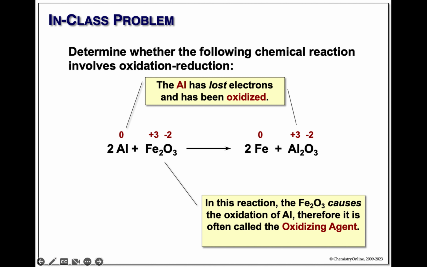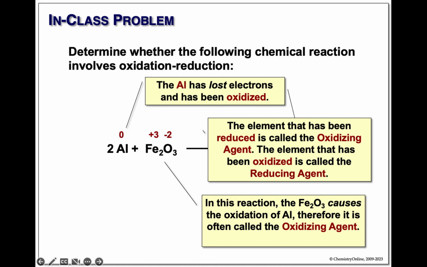The iron(III) oxide causes the oxidation. Therefore, because it causes it, it's called the oxidizing agent. The reducing agent is the thing that does the reducing. Again, I'm not going to use that nomenclature. I don't expect you to know it. But if you go to general chemistry, it's going to be everywhere.